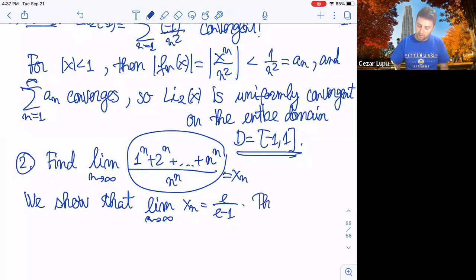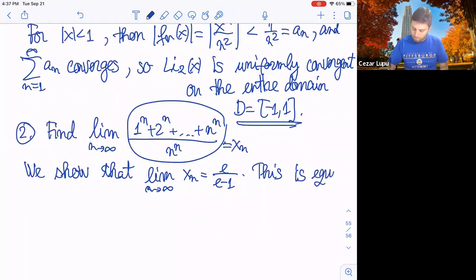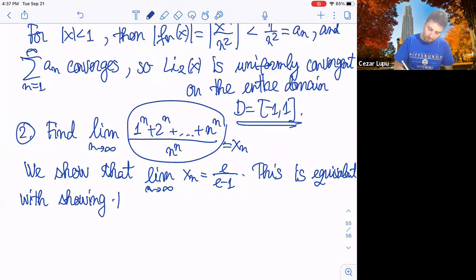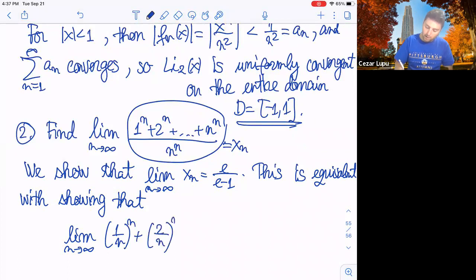This is equivalent to showing that the limit of the following: 1 over n to the power n plus 2 over n to the power n plus and so on, leaving the last one, which is 1.